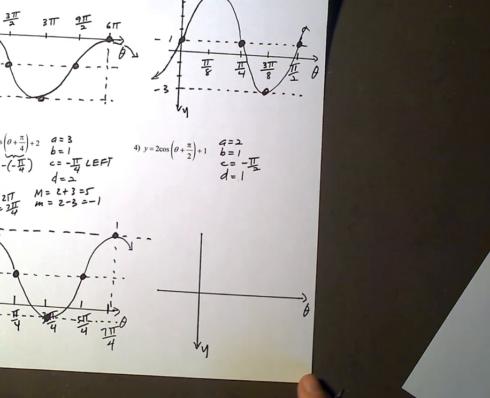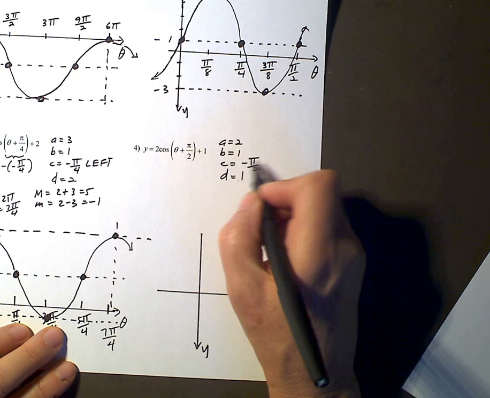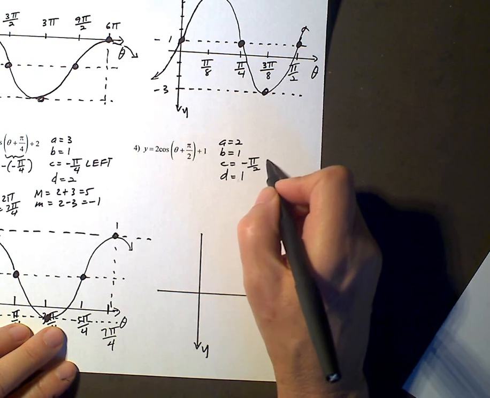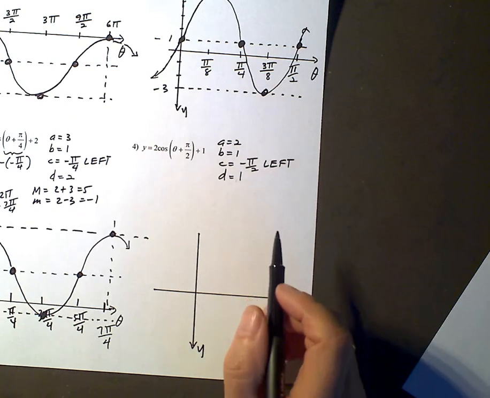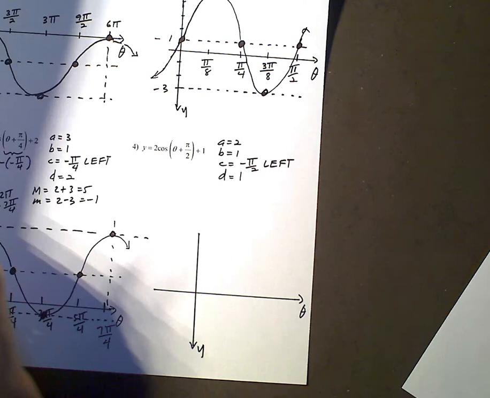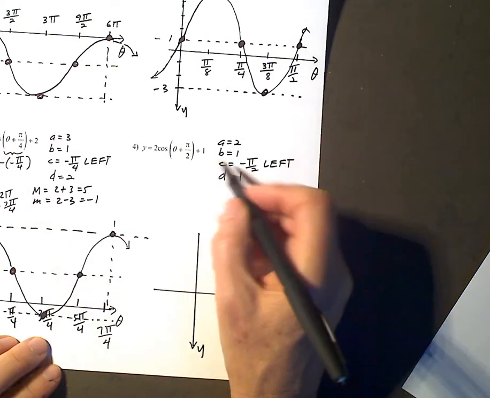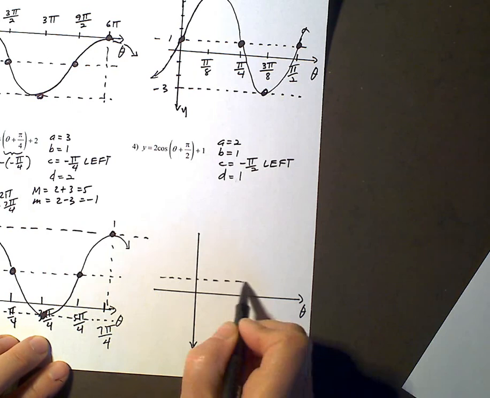Okay, then the last one, number 4. Again, this involves a phase shift of -pi over 2. This is also going to go left. My axis line, my midline or baseline, as we've been calling it sometimes, is going to be up at +1.